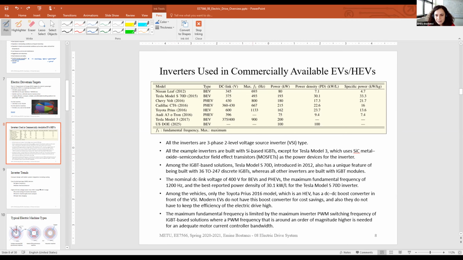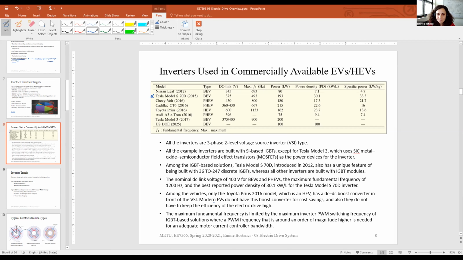Silicon-based IGBTs have a limited switching frequency and thermal constraints. But on the other hand, they are highly available on the market and their cost is very competitive. Therefore, in most electric vehicles we use that technology instead of wide bandgap devices.